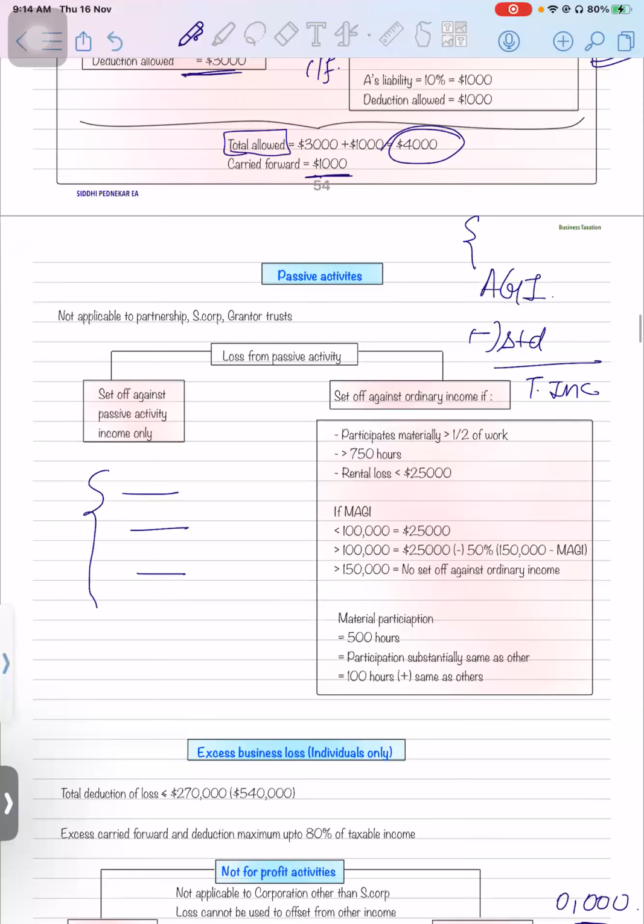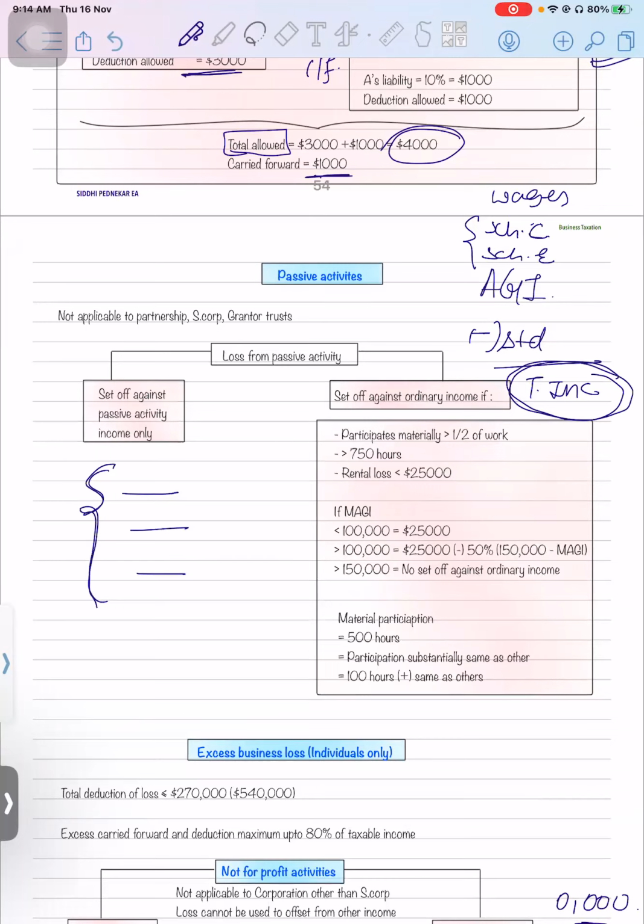This AGI will include your Schedule C, your wages income, your Schedule E, everything. On this taxable income, these slab rates will apply. Okay, there is no differentiation in percentage, and it is a rule by the IRS. There is no explanation in this concept of why they are segregating these two things.